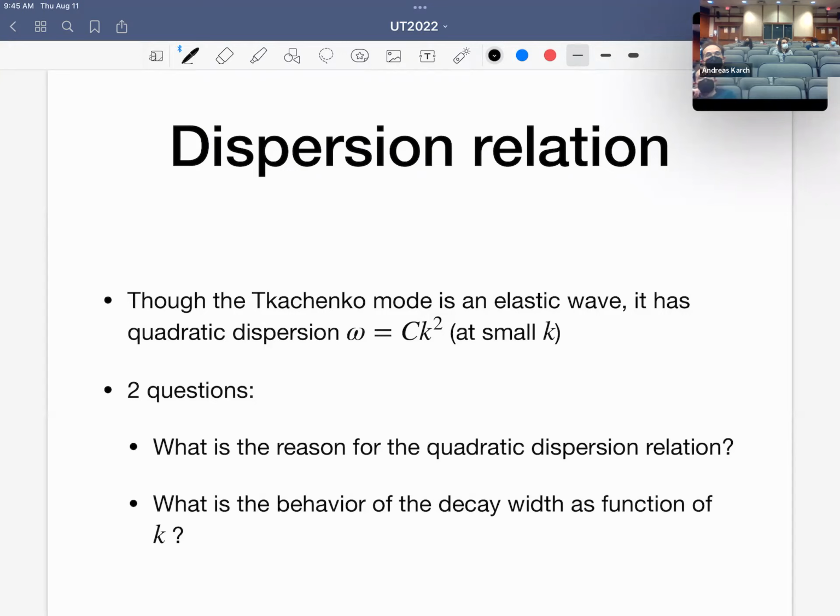Then there is another question that has not been addressed very extensively in the literature: what is the behavior of the decay width of this Kachenko quantum? Suppose I excite one single quantum of the Kachenko mode with omega equals k squared. What is the probability that it decays into two?